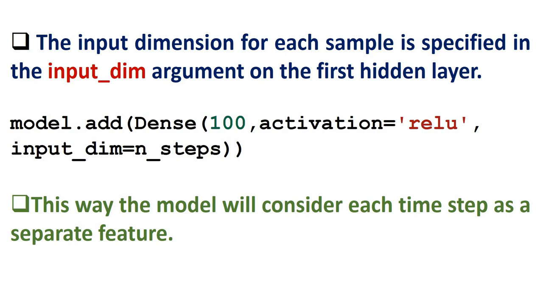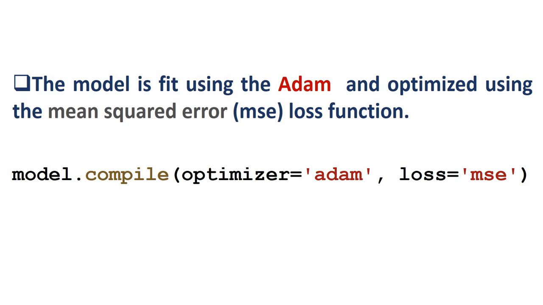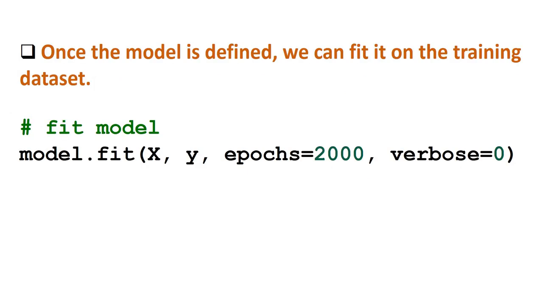So the total number of neurons is 100, and you have written the input dimension equal to n steps. This way the model will consider each time step as a separate feature. The model is then fit using the Adam optimizer and the mean square error, MSE, for the loss function. You can simply write one single line which does that for the Adam optimizer and MSE loss function.